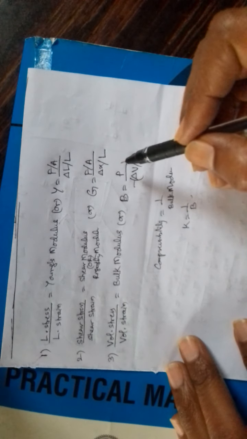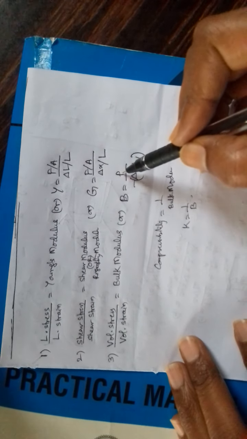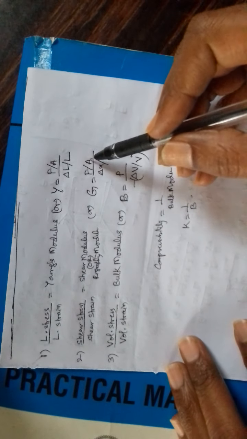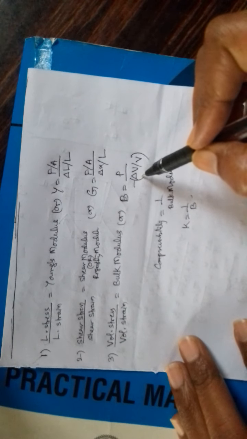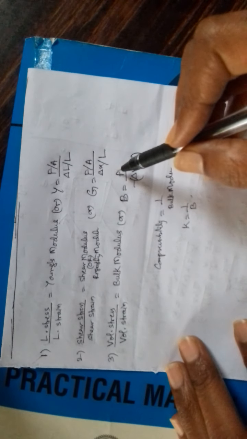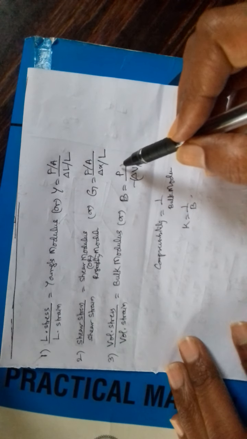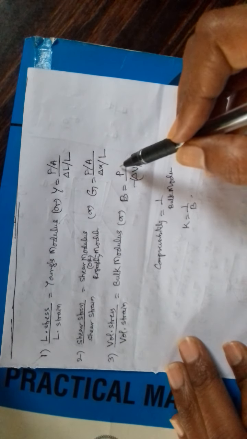That's why sometimes we use force by area and sometimes pressure. Force by area is nothing but pressure. Because of pressure there is a decrease in volume, therefore we put a minus sign here: decrease in volume by original volume, and in the numerator the hydraulic stress is quite often expressed as pressure.